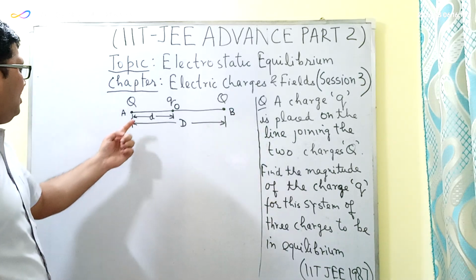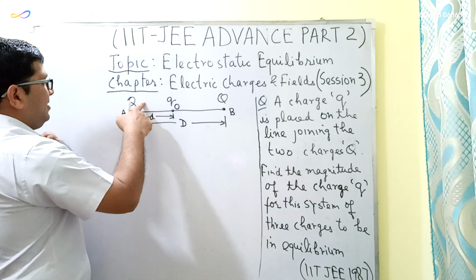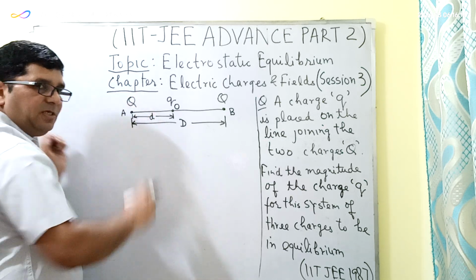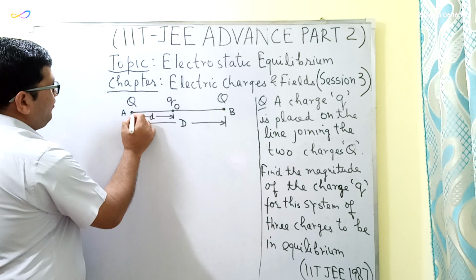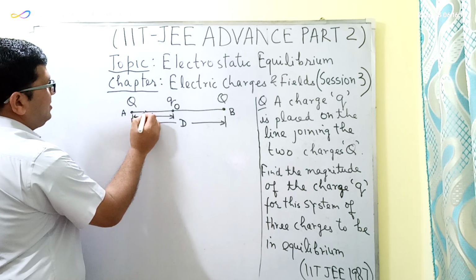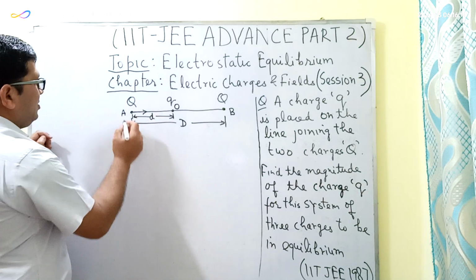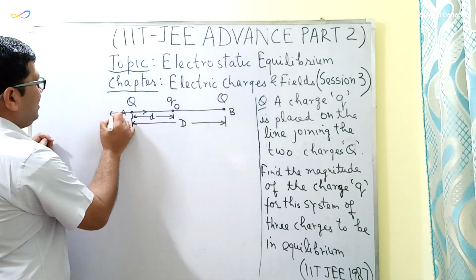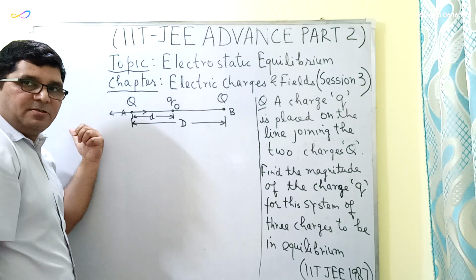So now first of all, for this charge to be in a state of equilibrium, the net force acting on it in this direction, that is towards this charge capital Q, should be equal to the net force acting on this charge in the opposite direction.